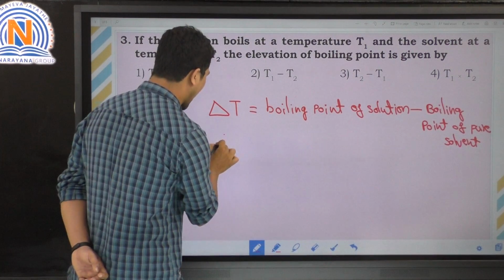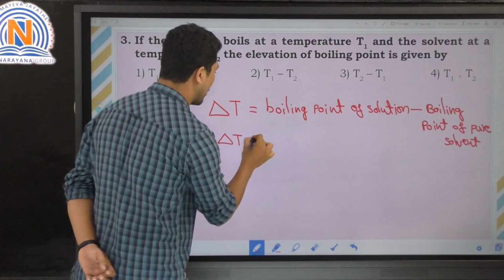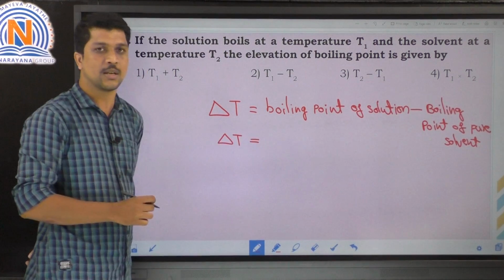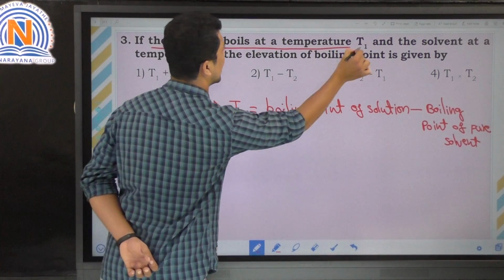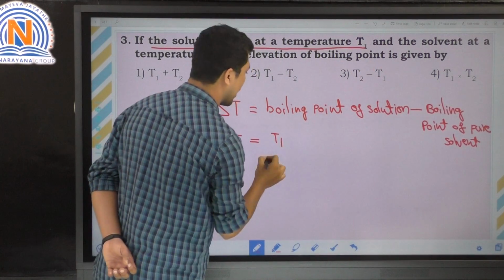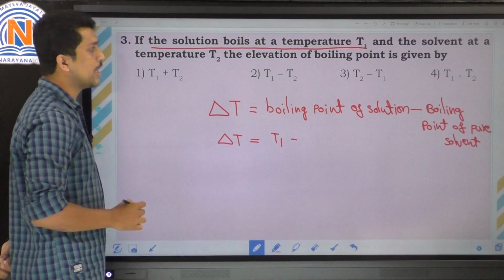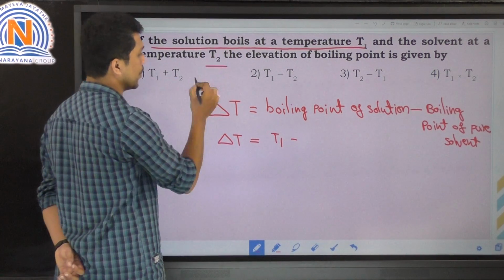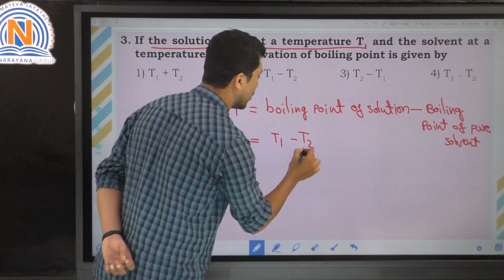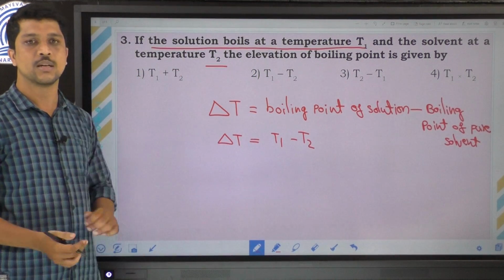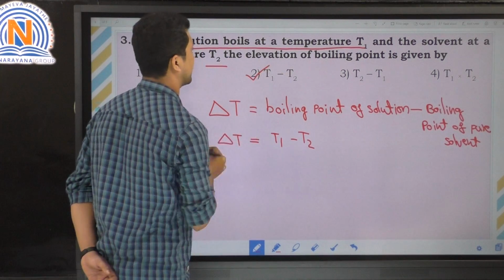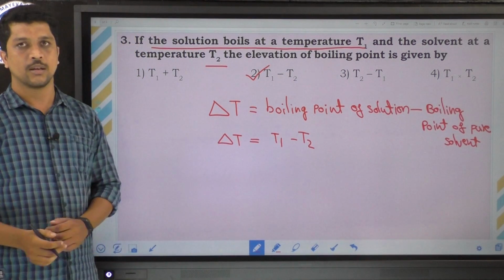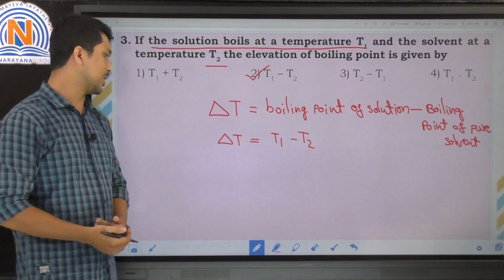In the question they have given the boiling point of the solution as T1. The solution boils at temperature T1, and the pure solvent boiling point is T2. So T1 minus T2. The elevation of boiling point is T1 minus T2. So the correct option is the second option. Clear? Let's move on to the next question.